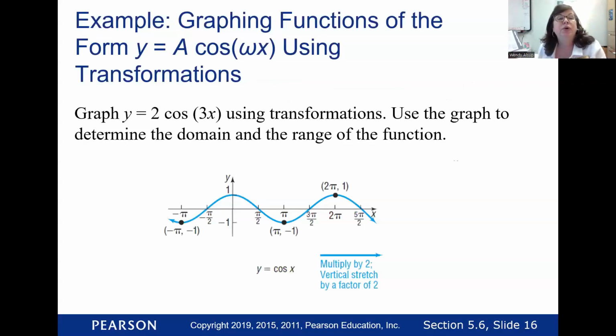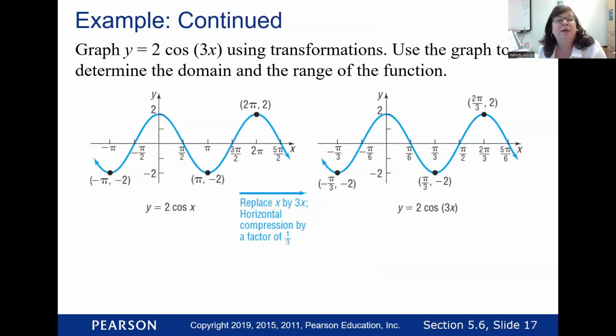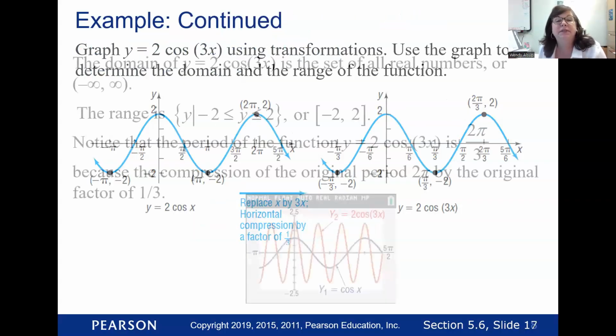So 2 cosine 3x. Well, the 2 means you're going to go up and down to +2 and -2. What is the 3 inside? Just like the 2 with the sine, the 3 is going to compact it by a factor of 3. And so instead of being at pi -1, that new value will be pi over 3 -1.